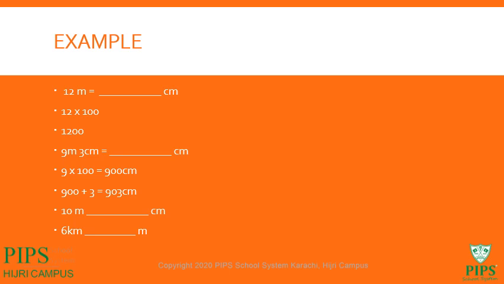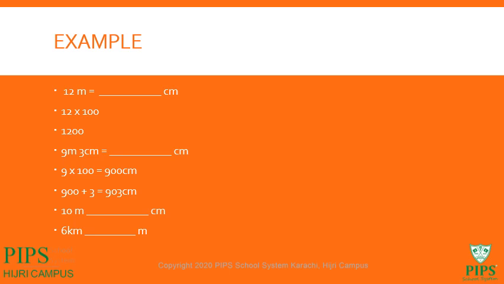Similarly, in the next question you can see that 9 meters 3 centimeters equals dash centimeters. Again the unit is given in the answer, so you have to convert into centimeters. First see 9 meters. You convert it by multiplying with 100 and you get 900 centimeters.